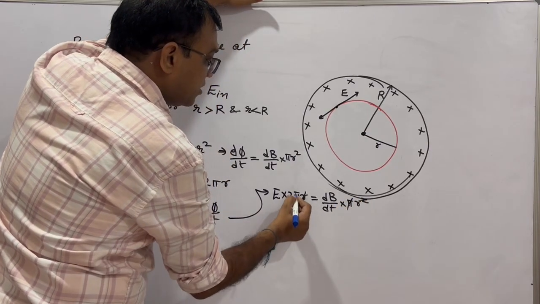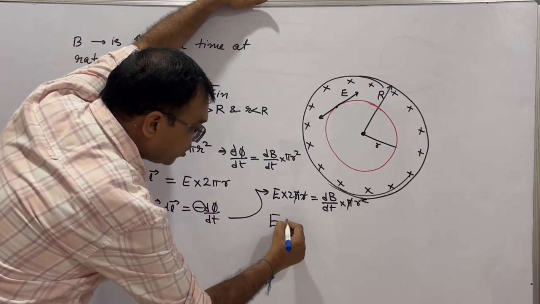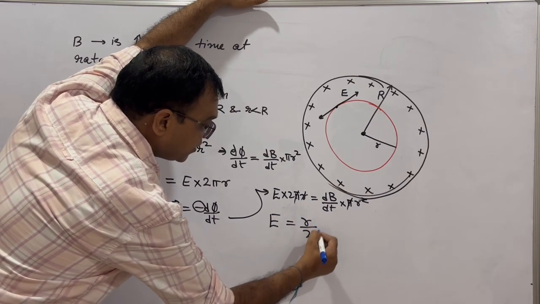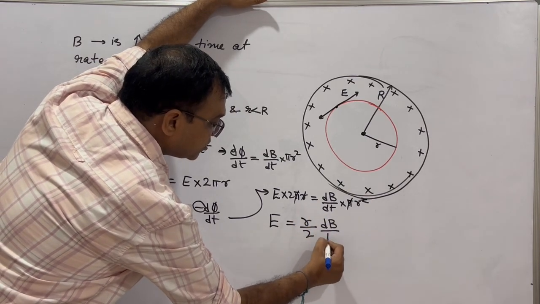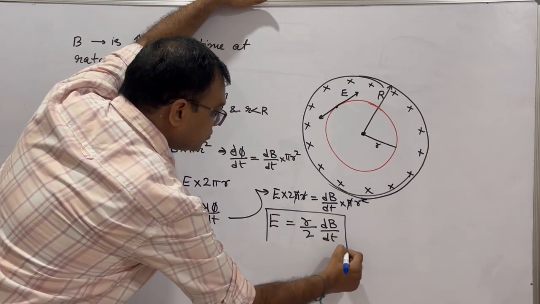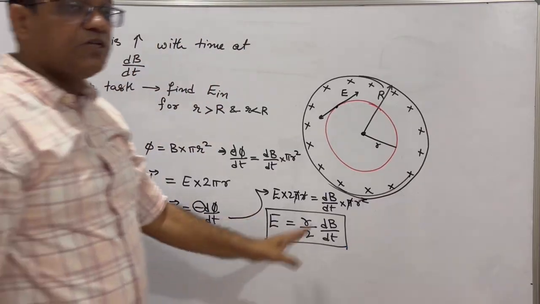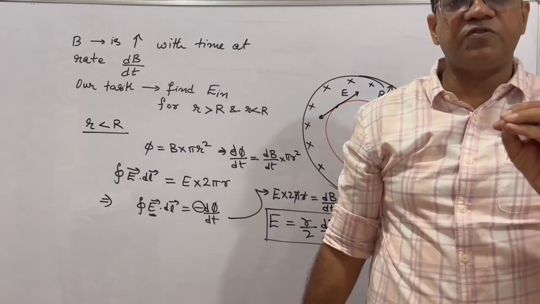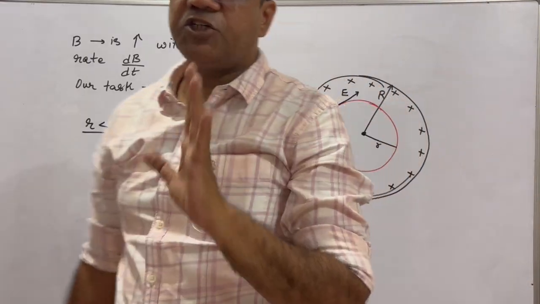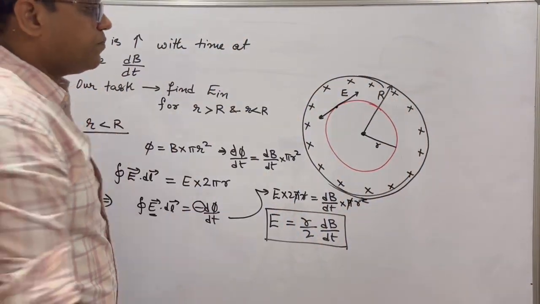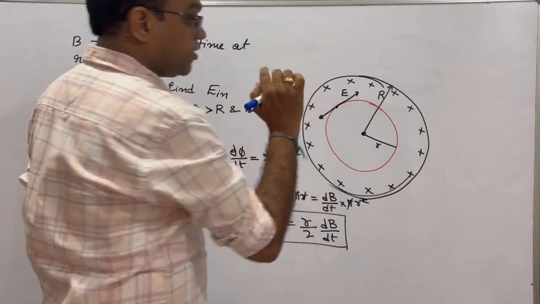Pi r cancels, so we get E induced equal to r by 2 into dB by dt. This is the induced electric field for an inside point. The magnitude has come. Now the task left is only the direction: whether this way or this way.